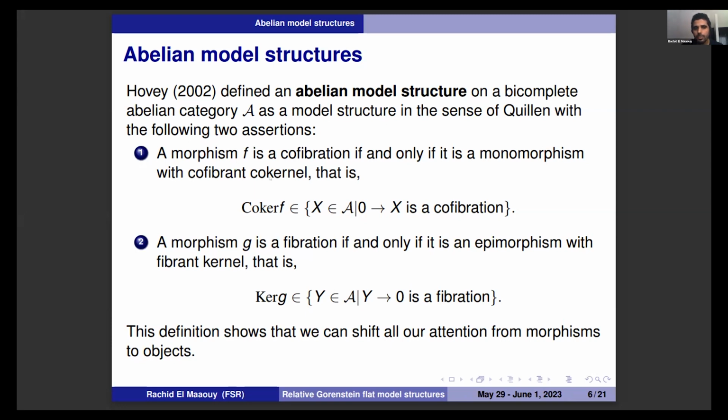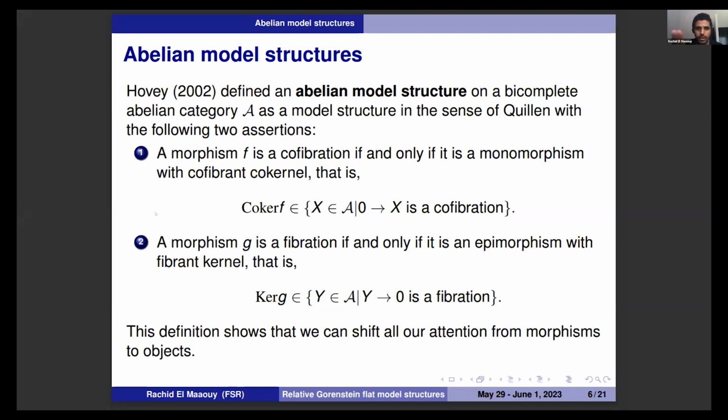And here we mean by a cofibrant object an object X such that the unique morphism from 0 to X is a cofibration. The dual notion is called fibration, and it coincides with an epimorphism with fibrant kernel. And here, a fibrant object in general is an object such that the unique morphism from that object to 0 is a fibration.